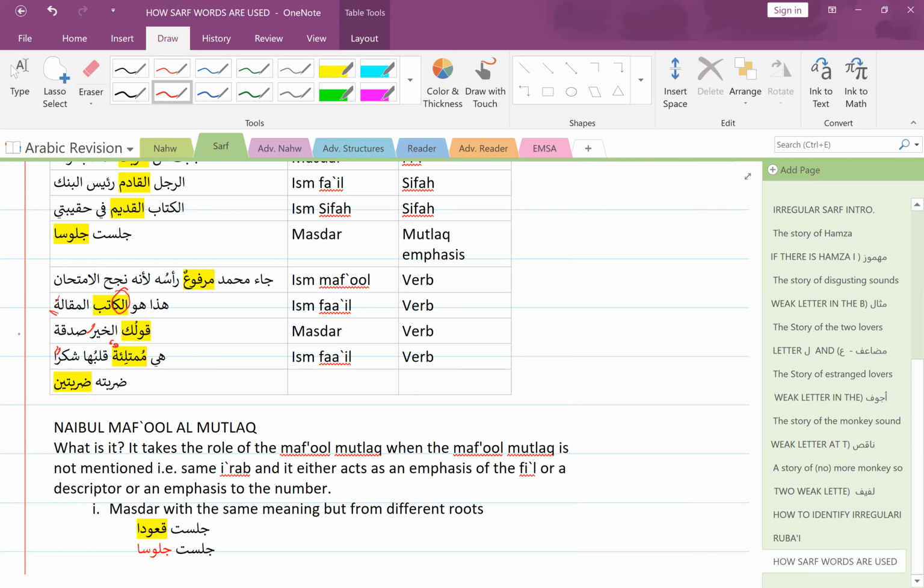If you introduce a kana, I think this would be the khabar. Yeah, because this is our mubtada. If we introduce a kana, it would be like kana ممتلئة قلبها شكرا. So the mubtada will become the khabar. So the khabar will become marfu, because here is the mubtada. I don't know if I made sense there.